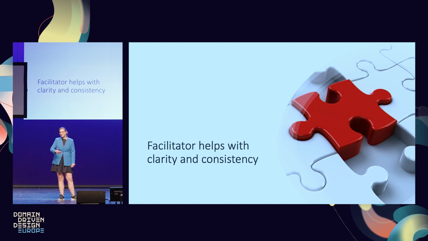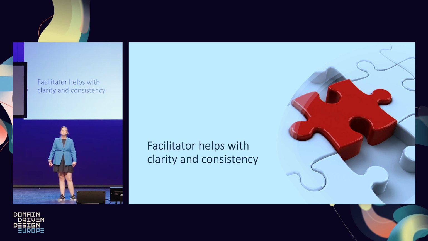And a facilitator can actually help with getting you that clarity and that consistency. It's part of the job. As I said, I always ask, can I change the teams? Do you want to stay in the same teams? I'm creating clarity. And I don't do this somewhere in an email to the CTO.